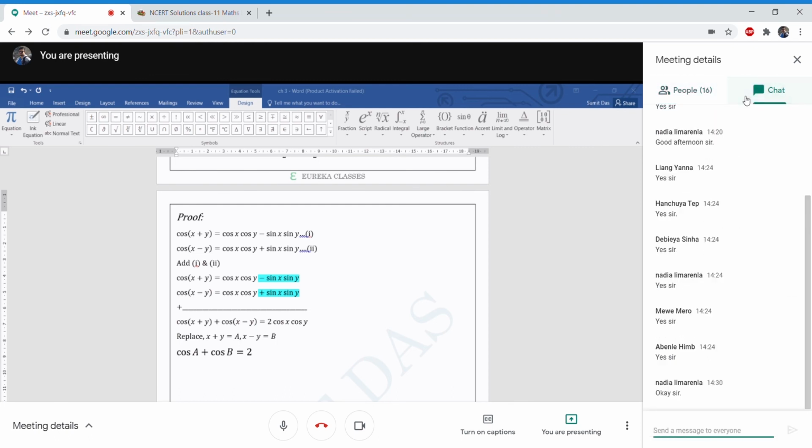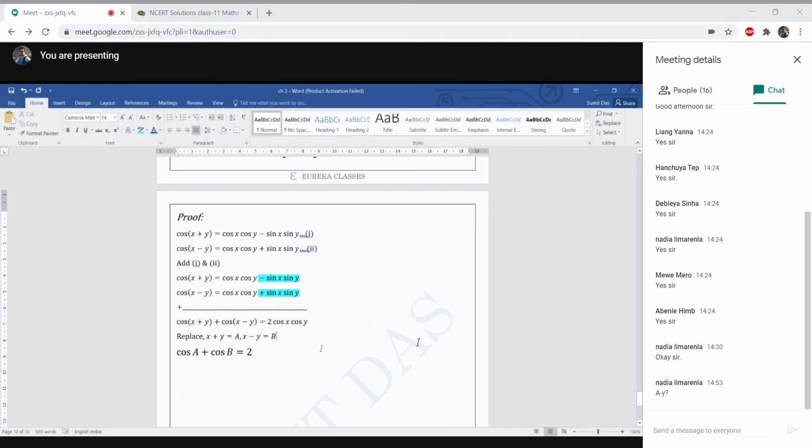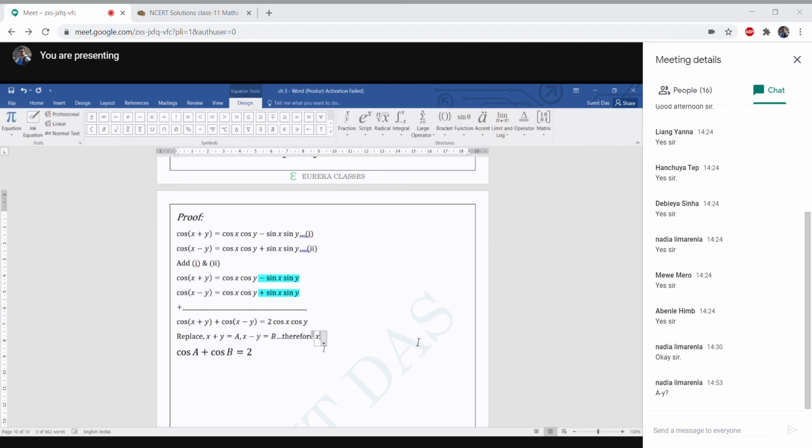I'm asking, if x plus y is A and x minus y is B, what will be the value of x or y?